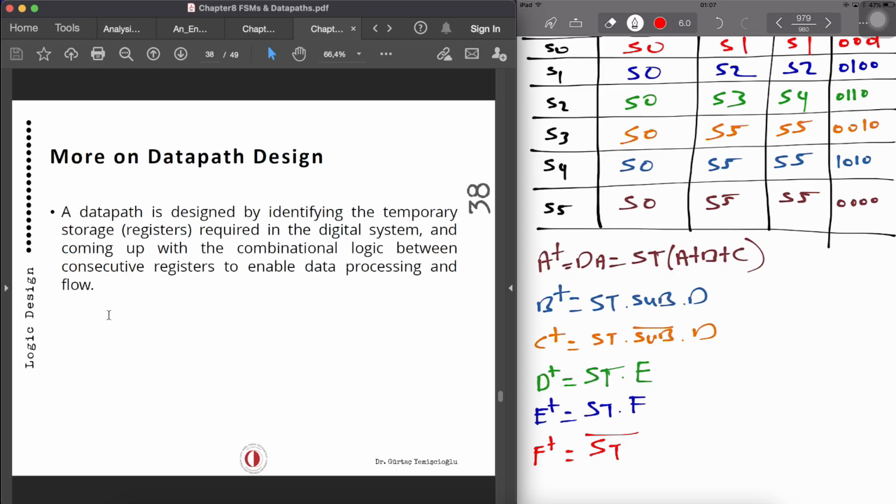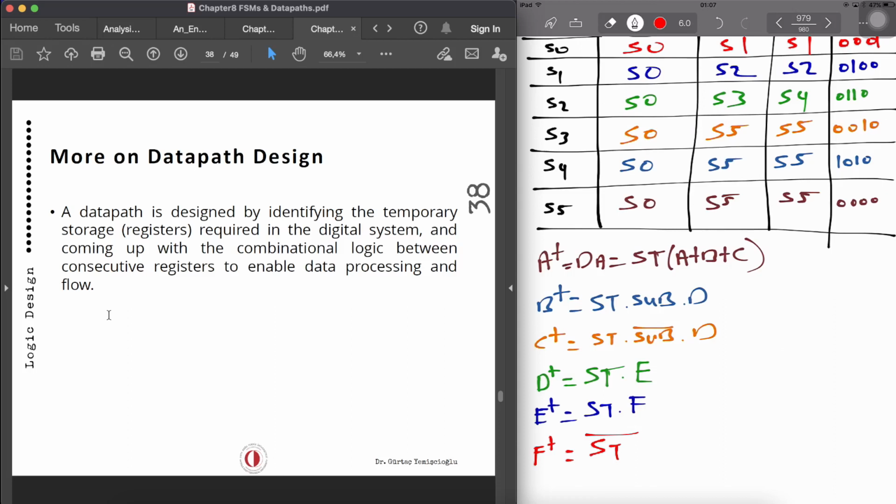So the data path is designed by identifying the temporary storage registers required in the digital system and coming up with the combinational logic between the consecutive registers to enable data processing. We have seen from the diagram that we have registers, arithmetic operators, maybe a multiplexer or a decoder inside a data path.